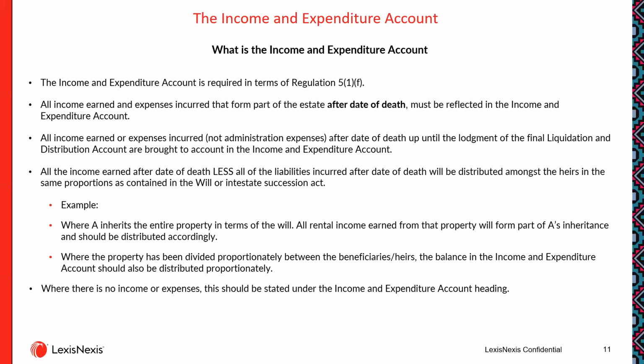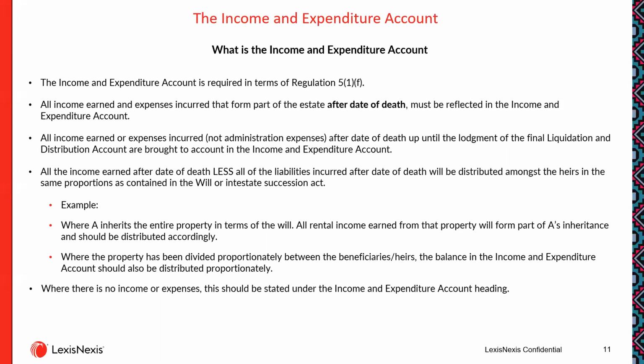So we start a new account, our income and expenditure account, and we write up all of our income earned after date of death, and we write up all of our expenses paid after date of death. And then we balance them in our income and expenditure account.